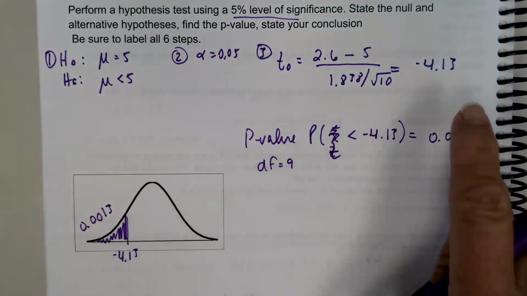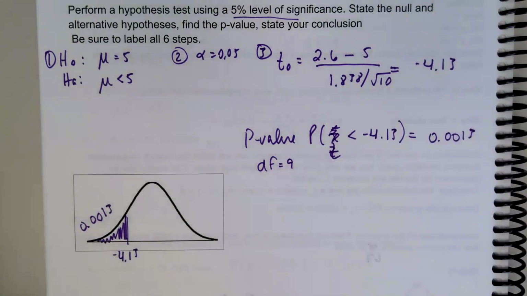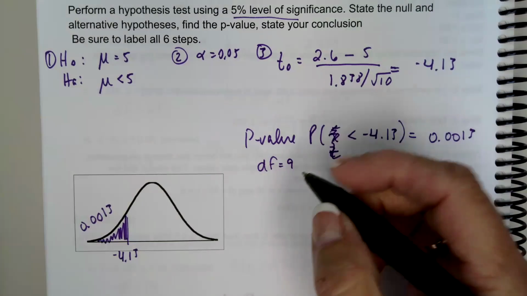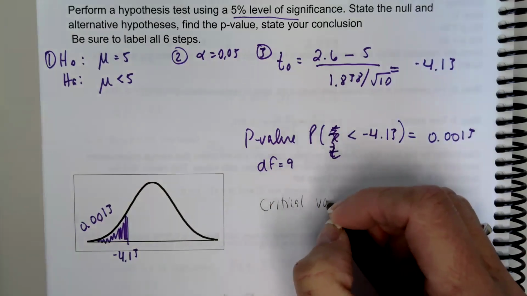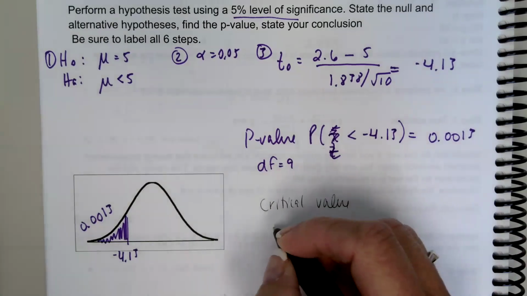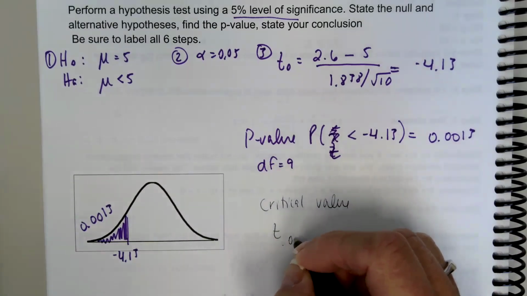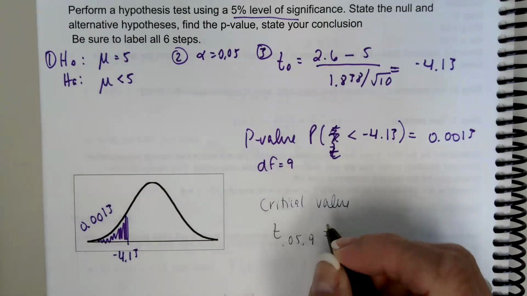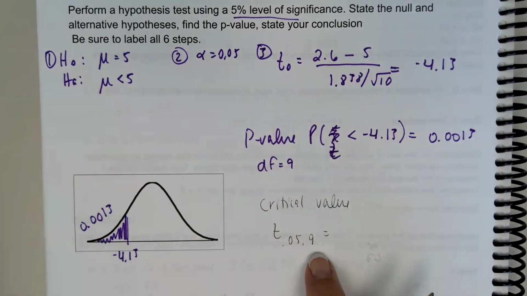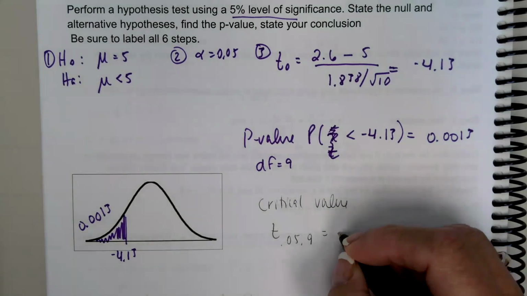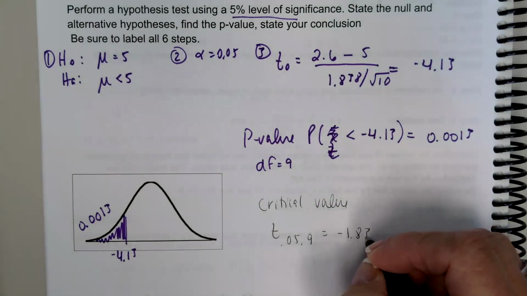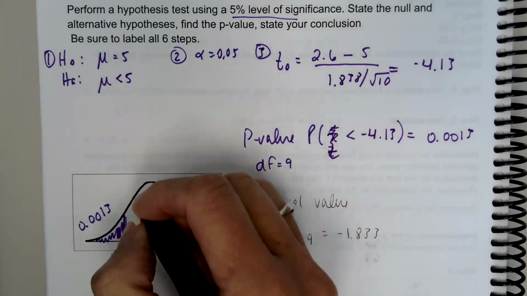The other way we can look at it is to ask, what is the critical value? There are a number of ways to look at this. The critical value is the t at 0.05 and degrees of freedom of 9. Using our t-table in the back of the course pack, we get a negative 1.833.